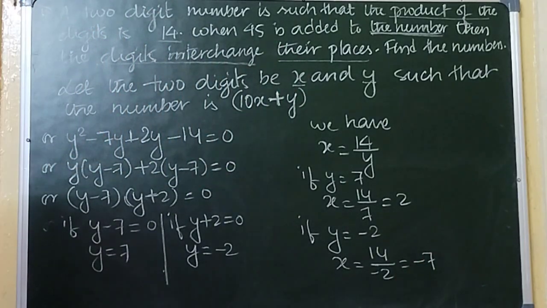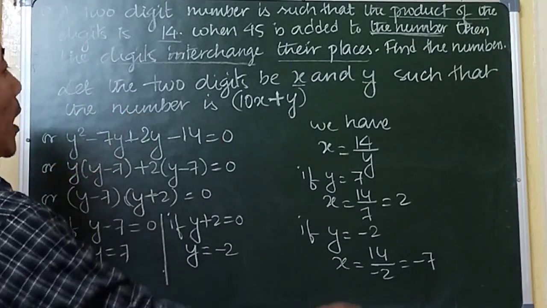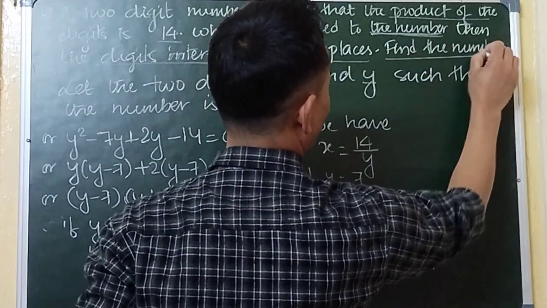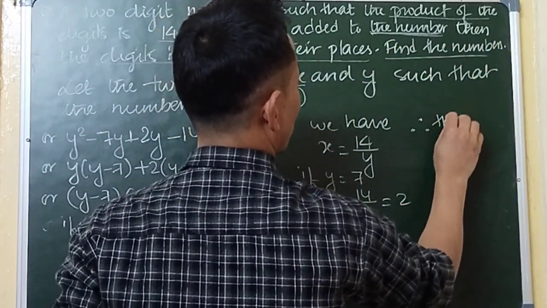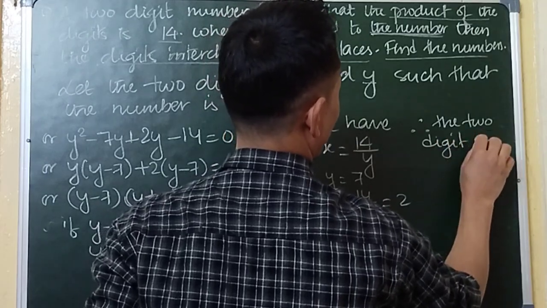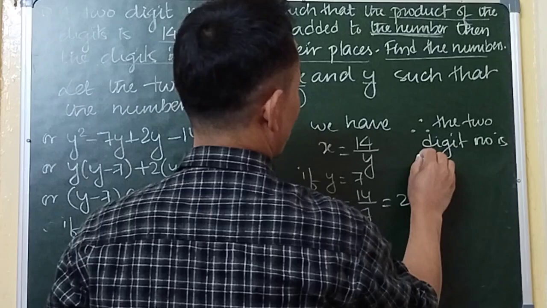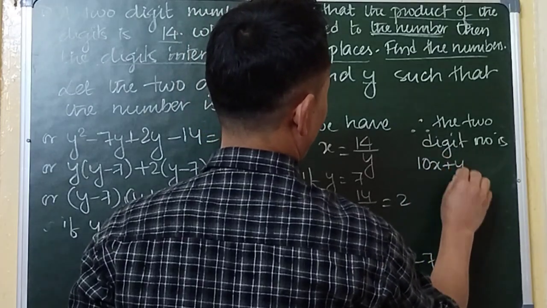Alright. So now here you have to write the number. We have obtained the value of x and y, and we have to find the number. Therefore, the 2-digit number is 10x plus y.